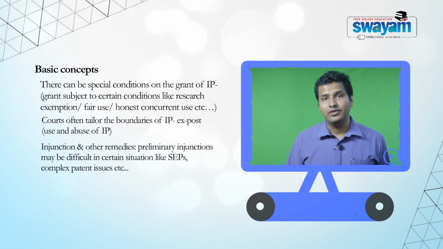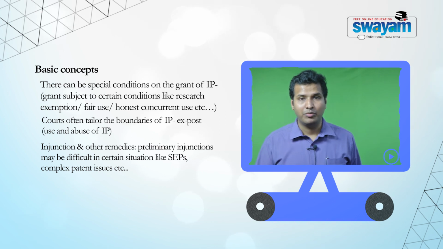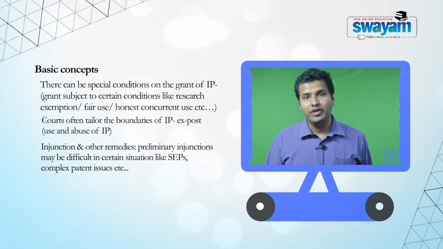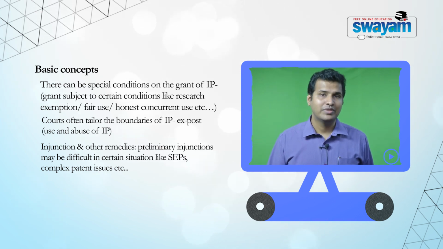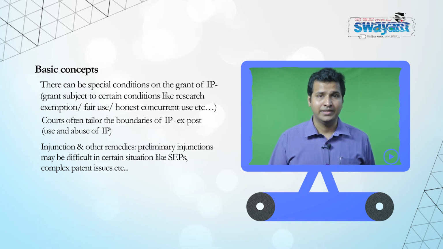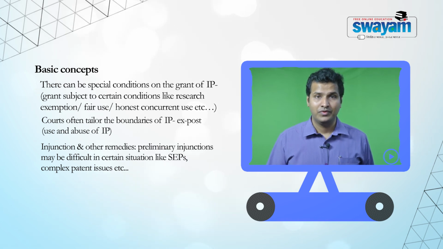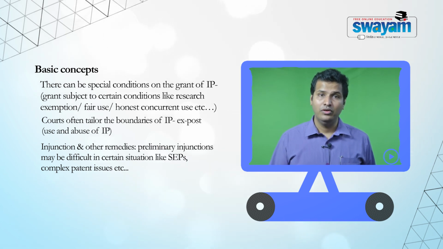Injunction and other remedies are provided as much as in the case of any property right, and preliminary injunctions may sometimes not be easily granted in the case of patents, because determining ex ante the claims and the technical arguments involved may lead to an extensive trial.